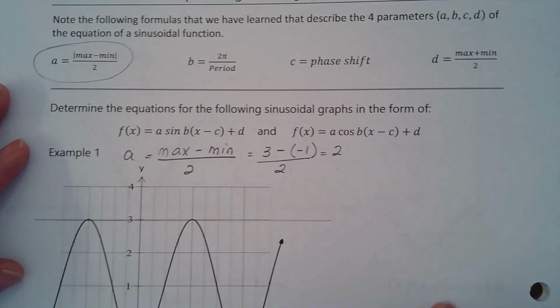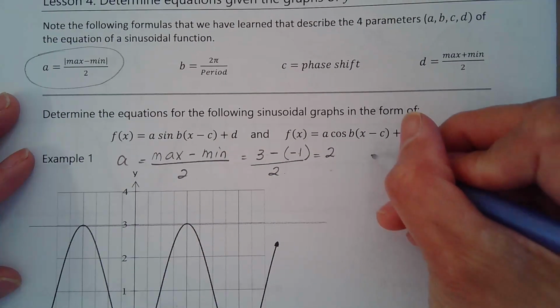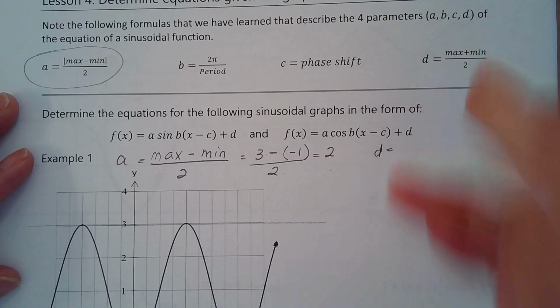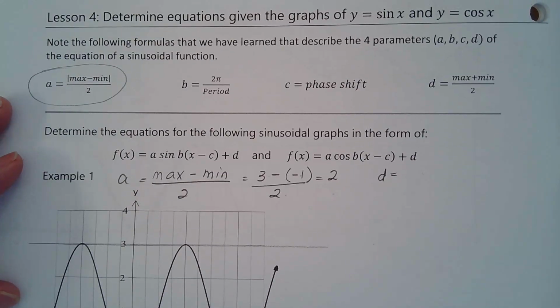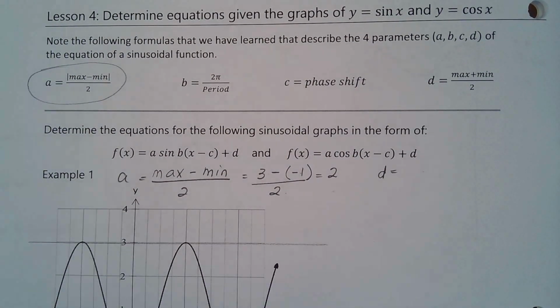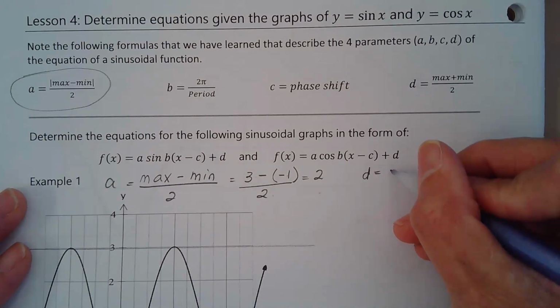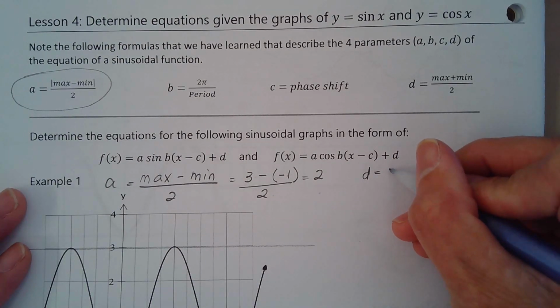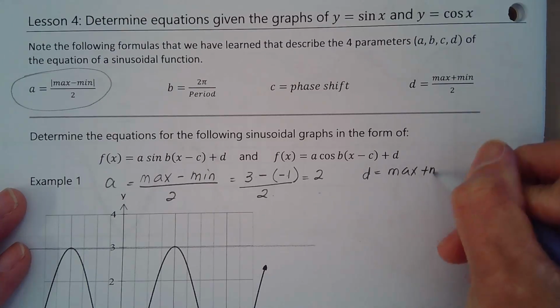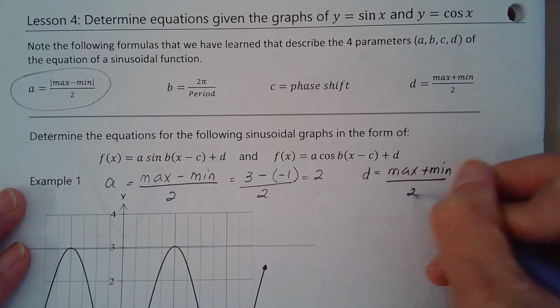Now, what is the median line, which is the D value? How do we figure out the median? Yesterday I said the median is the middle. Well, when we say middle, that's more like the average of maximum and minimum. So add them up, max plus min, divided by 2.